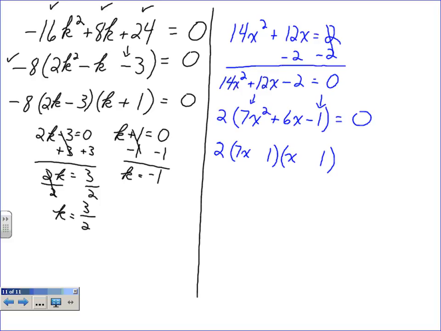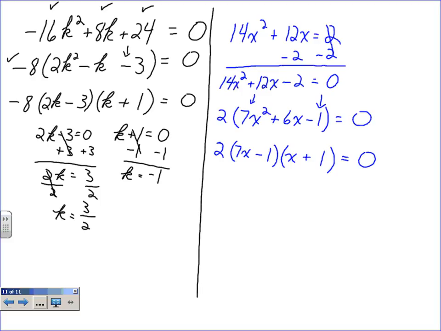So now the only thing we have to worry about is the signs. I have a negative 1, so the signs are going to be different. And you're going to find that one's going to be positive, one's going to be negative. So you have to figure out which one is which. And I wrote down the correct factoring up there. What do we do with the 2 on the outside? Well, nothing really. We'll just leave it there.